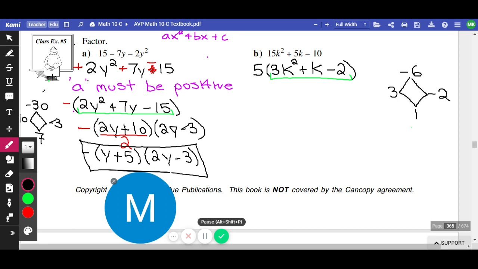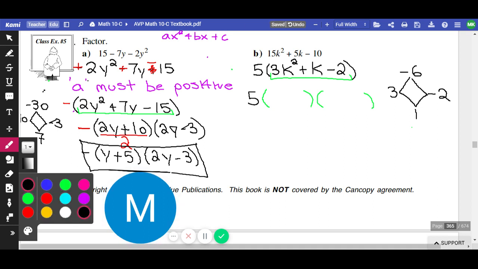Awesome, so I'm just going to finish this off. So the diamond is on the side, right? We go back to our question. The 5 that I took out as a GCF is still out front. The trinomial will turn into 2 binomials. The first term, the 3k right here, has to become the first terms of my binomials.